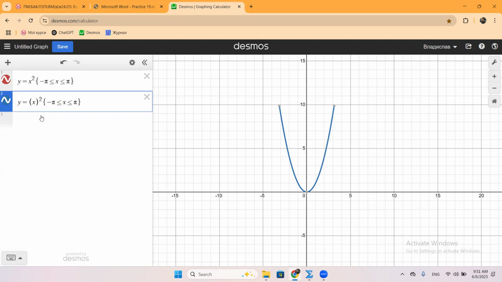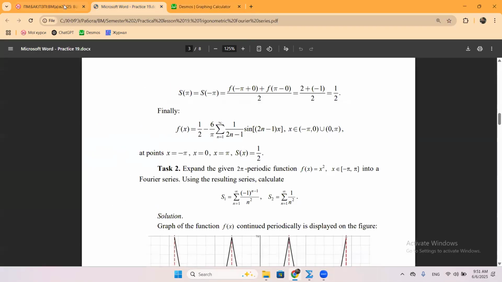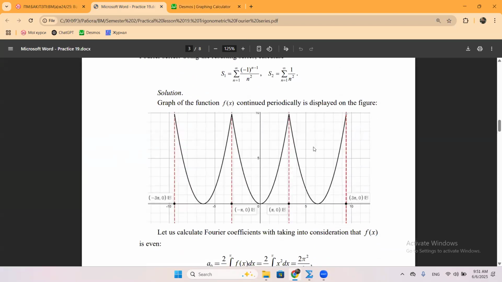So let's shift it to the left: x plus 2p. And I will also shift the period to the left and to the right. So minus 2p, and here will be p, and here 3p. And we will do it infinitely. Okay, let's look at the graph that looks more beautiful. So we see that this function is continued periodically.